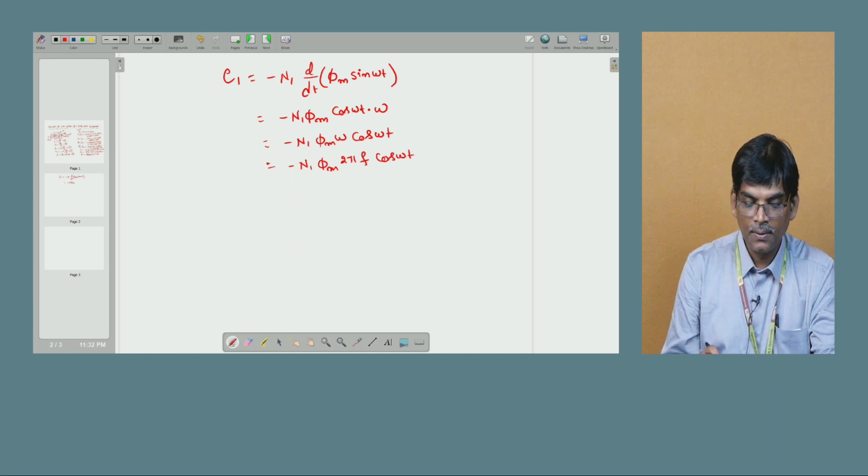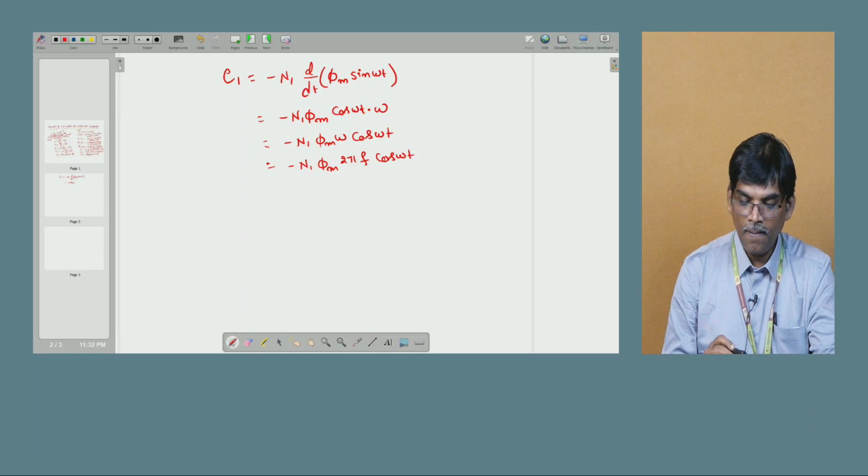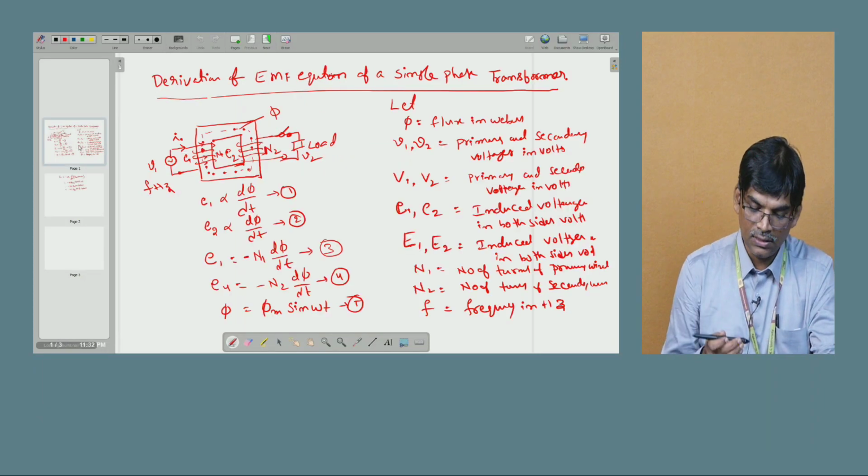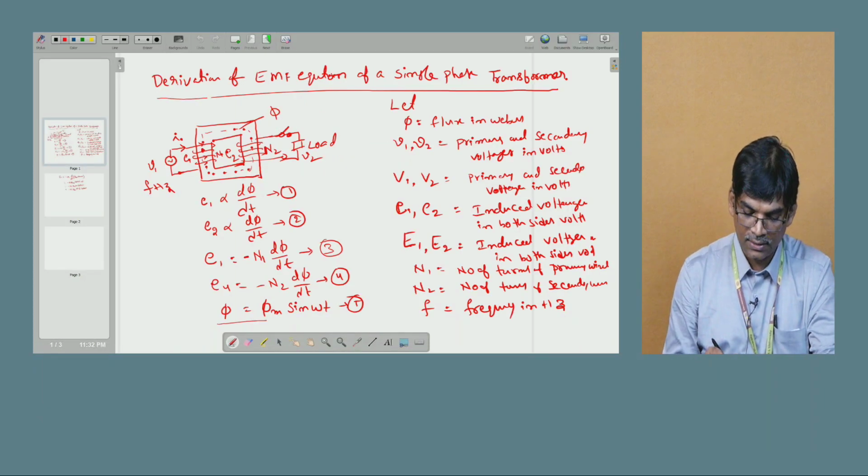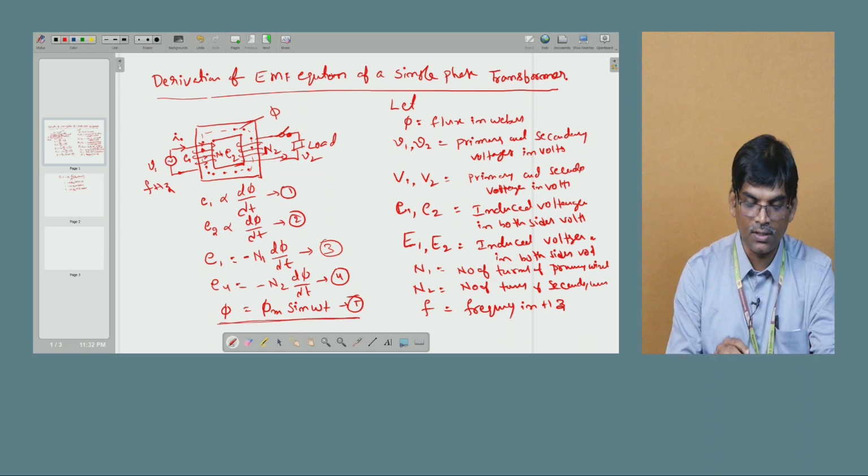In this one we are taking this equation as the reference, because the applied voltage is sin ωt.